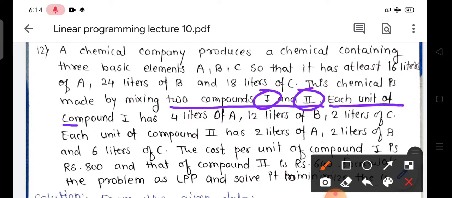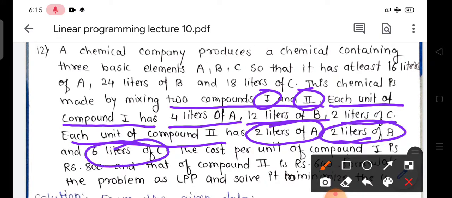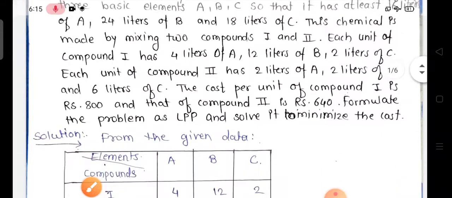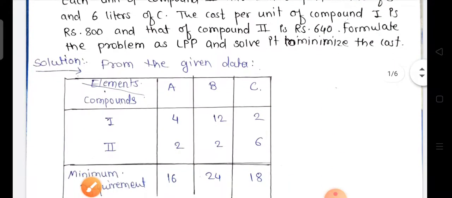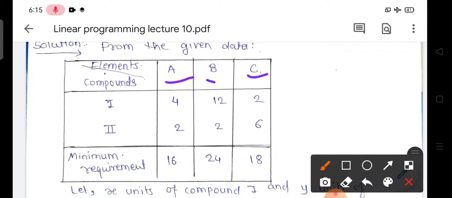Each unit of compound 1 has 4 liters of A, 12 liters of B, 2 liters of C. And each unit of compound 2 has 2 liters of A, 2 liters of B and 6 liters of C. So first we'll draw the table from the given data. The elements given to us are A, B, C, and two compounds are used for making these three elements.